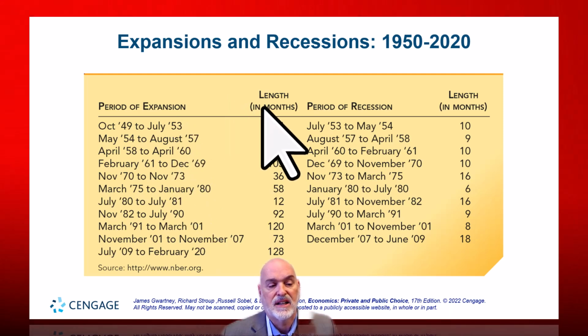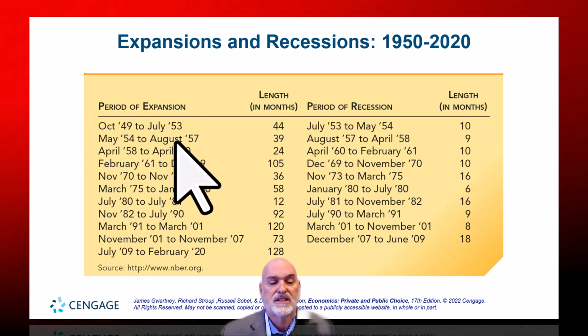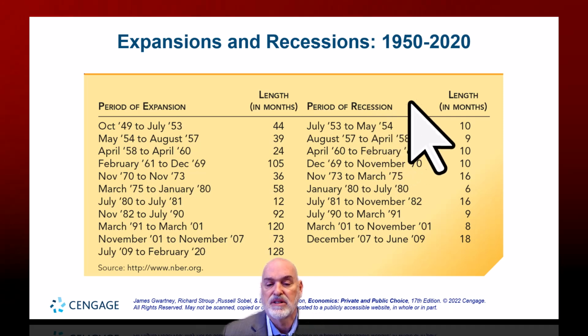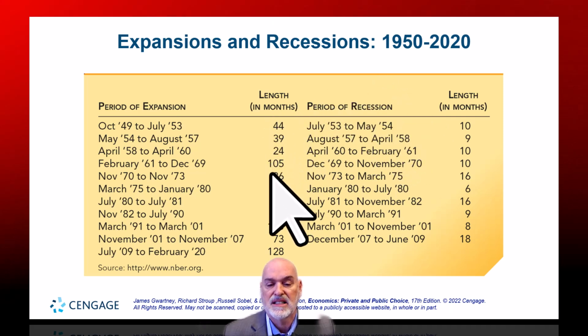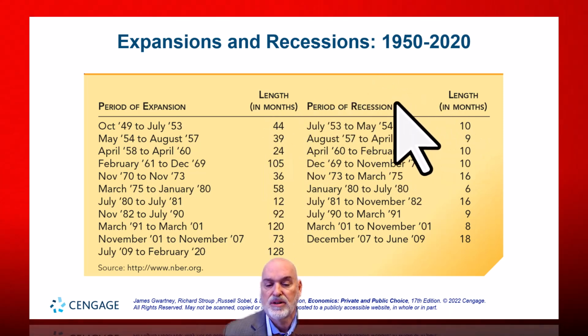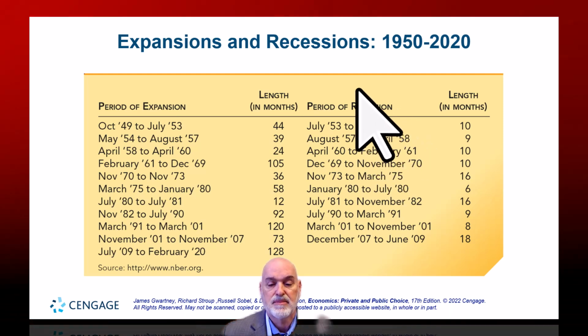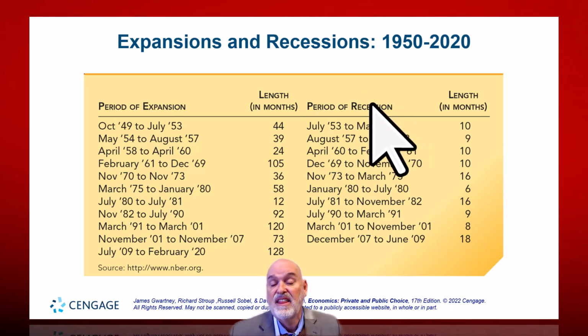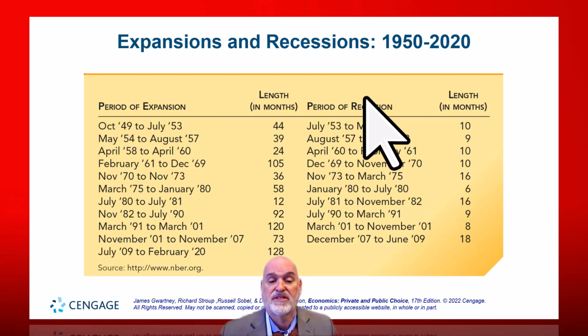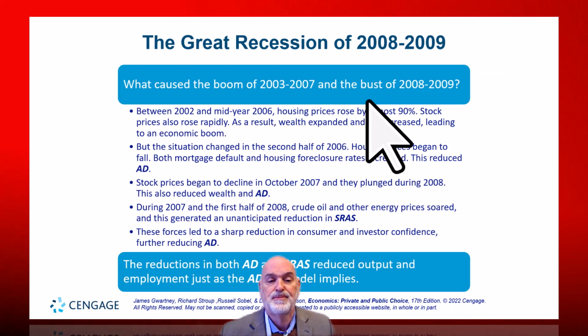We can take a look here at periods of expansion and periods of recession, and we can see the lengths in months for both. We can see that expansion far exceeded that of recession in terms of the time frames for each one.